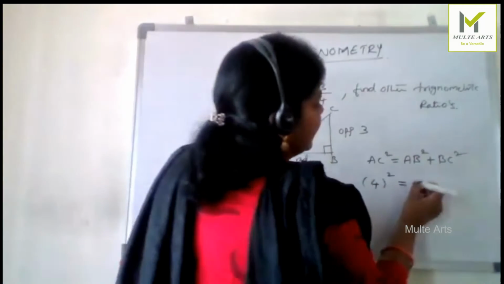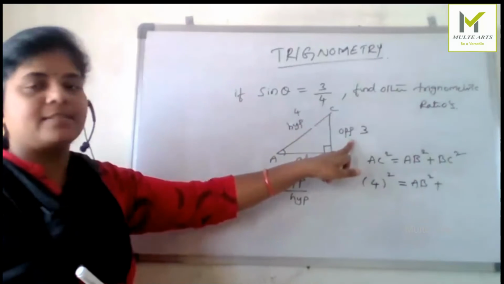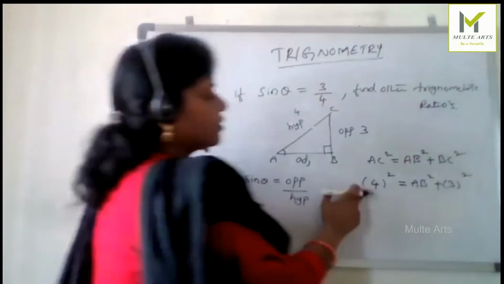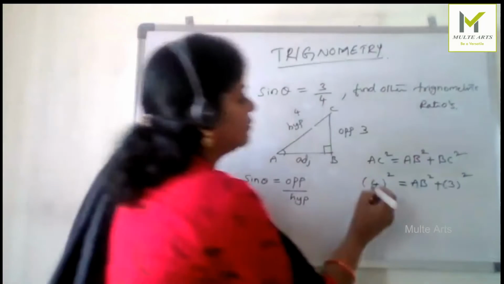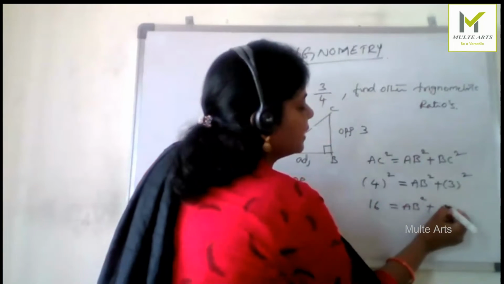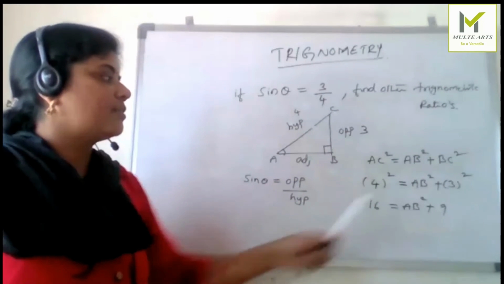So we can keep AB as it is. And BC value we already know is 3, so take 3 square. 4 square is 16, so 16 equals AB square plus 3 square, which is 9. Now we can easily find the value of AB square.